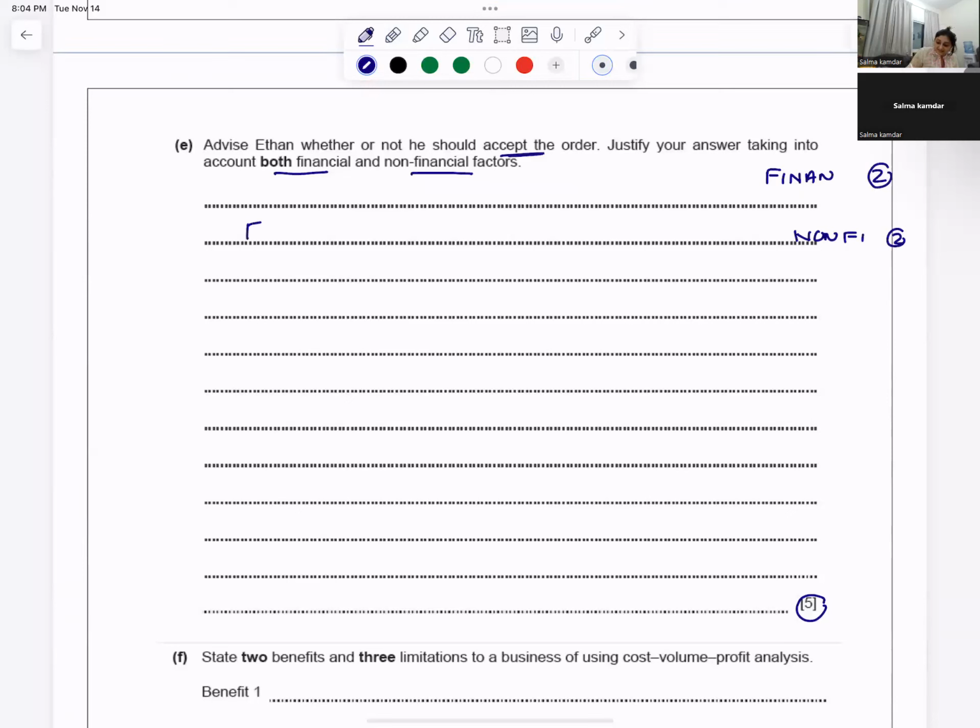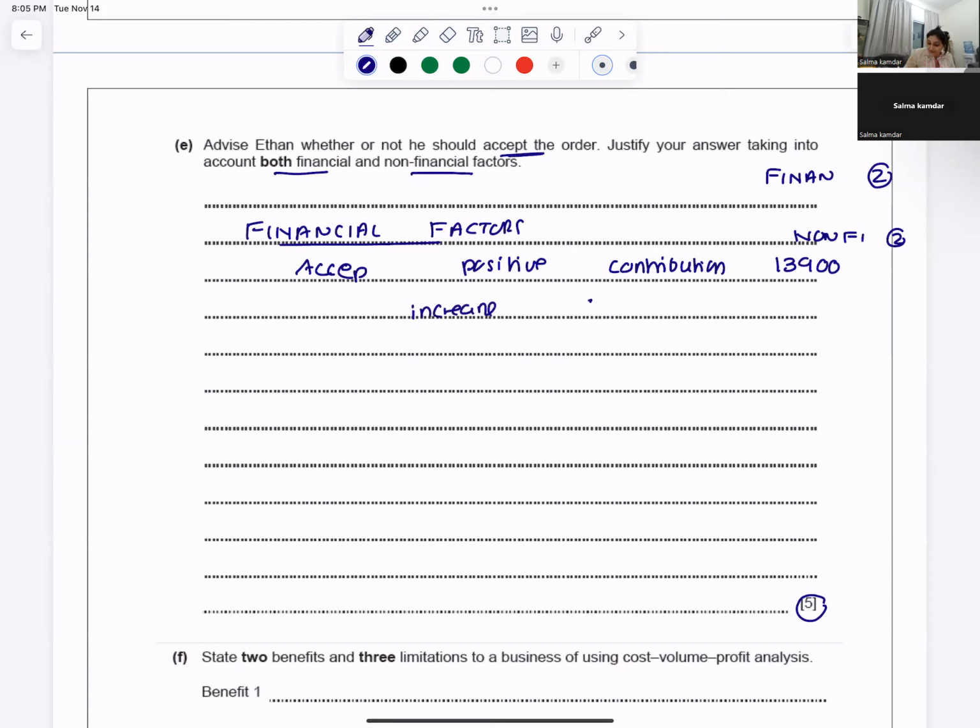First thing, financial factors, if I accept this order, you should accept the order because it is leading to a positive contribution. That means the sales minus variable cost is positive. There is a positive contribution of 13,900. So it will increase the sales revenue.